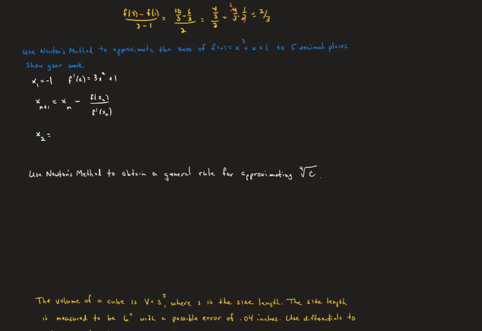On my calculator, I've already got the function entered in as y1, so I'm going to go y equals, and I'm going to put the derivative 3x² + 1 in as y2. Then I'm going to go second mode, quit and go to the home screen. I'm going to take -1, store that as x and hit enter.